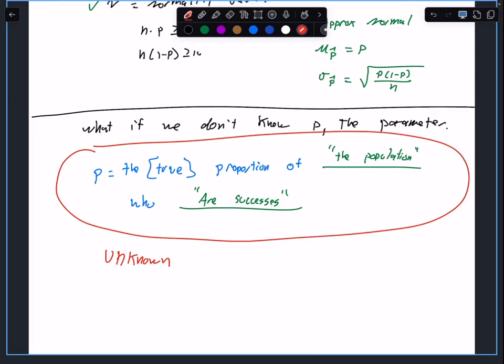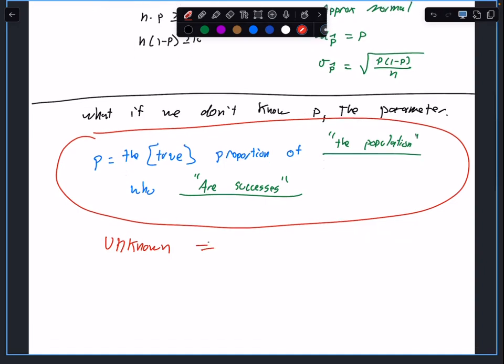In the previous unit, I gave you that answer. This is what it is. But what happens when we don't know? That is the whole purpose of statistics. We're going to utilize inference.